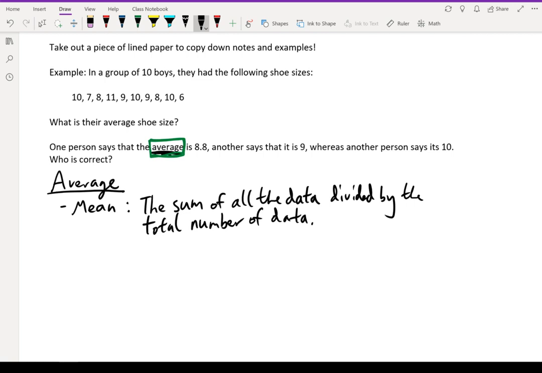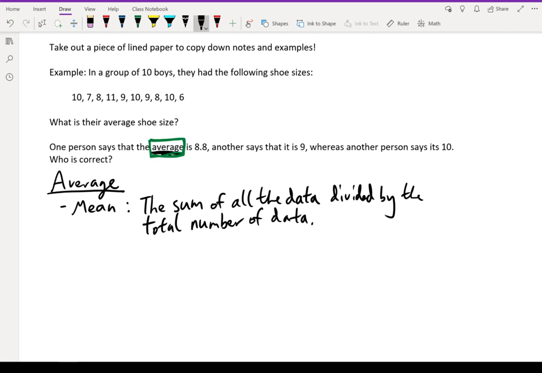Okay, so that's the most commonly known type of average. It's also the most commonly used as well. When most people say average, this is what they usually mean. But there are two other types of averages that not many people talk about all the time, but they still have their uses, and they are sometimes used as well, depending on the situation.